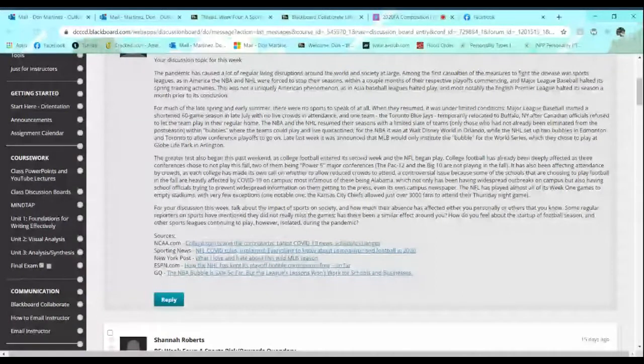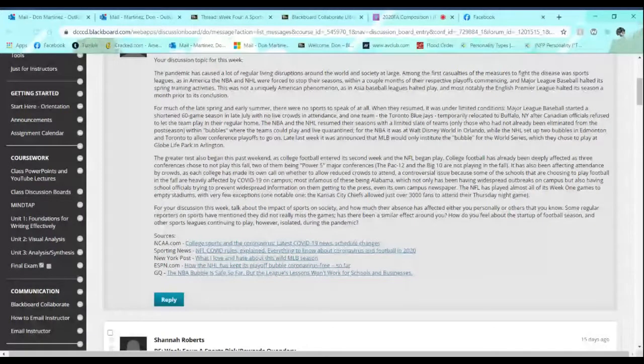The greater test also began this past weekend as college football entered its second week and the NFL began play. College football has already been deeply affected as 3 conferences chose to not play this fall, 2 of them being Power 5 major conferences, the Pac-12 and the Big Ten. That has changed. The Big Ten is starting at the end of October, and the Pac-12 is starting at the beginning of November.